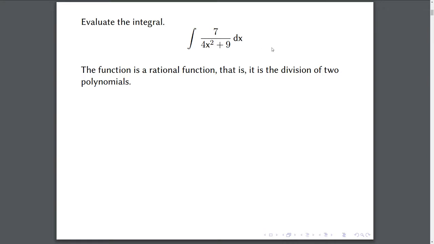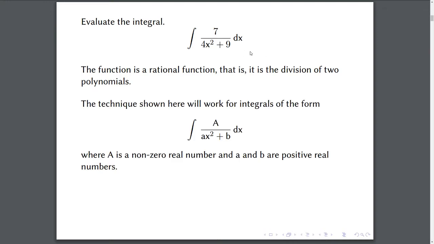In general, there are lots of different techniques you might have to look at, but in this video, we want to focus mostly on how you would do an integral of this type. The things I show you here will work for integrals of the form A over ax squared plus b, where capital A is a non-zero real number, and a and b are positive real numbers.